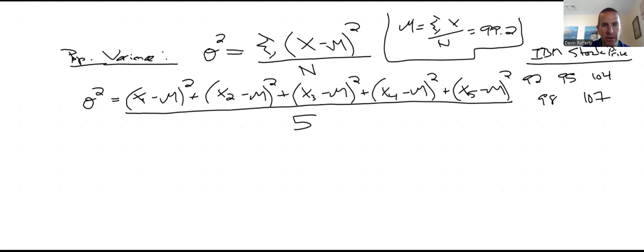So sigma squared is going to be equal to 92. And this could be a sizable calculation, okay? But that's all right. This is just arithmetic. It's not really math.